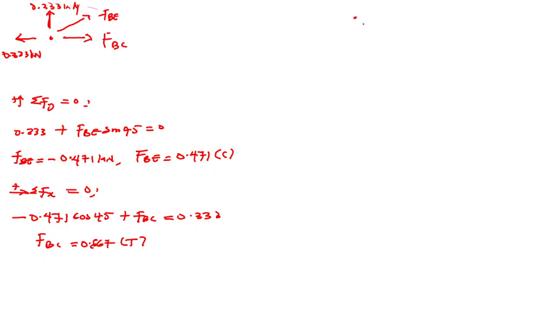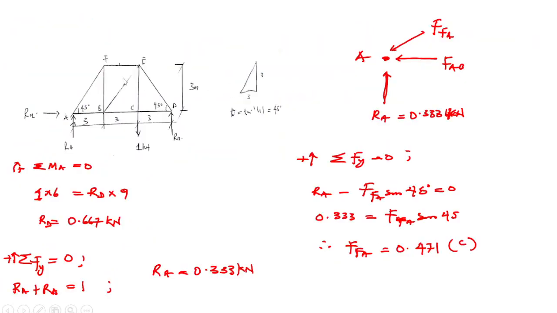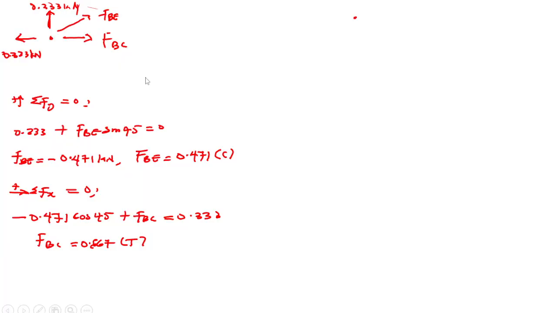say considering joint E. Yeah, if you consider joint E, the last one we considered was joint B. Let me write it there. Considering joint E, we have this.